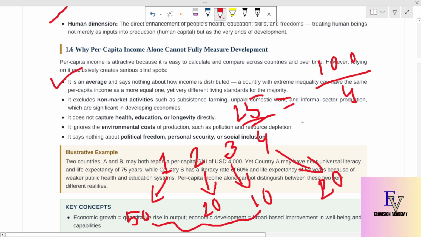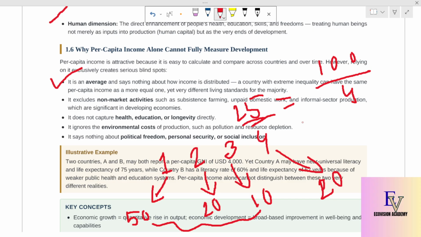All the persons are getting something different. There is an inequality concept here. So whenever we add up the data to get the GDP and then divide it by the population, we get the GDP per capita. But GDP per capita is the average, it is not the exact income of the people.